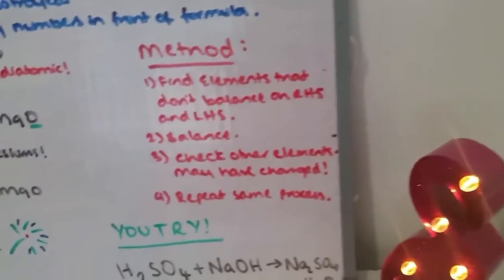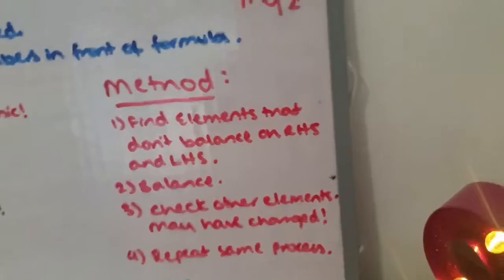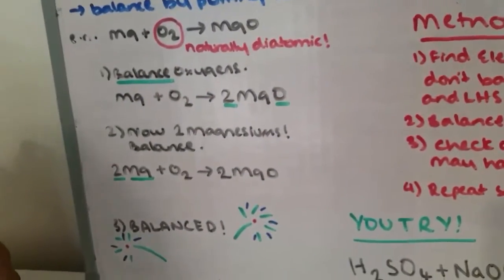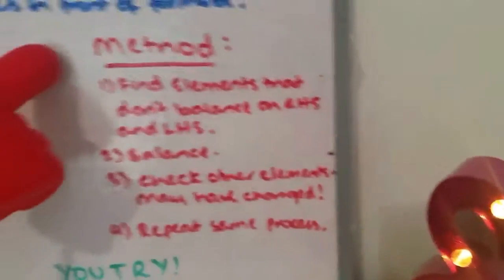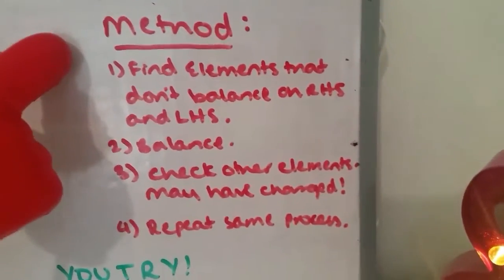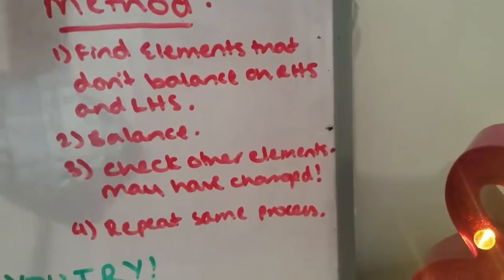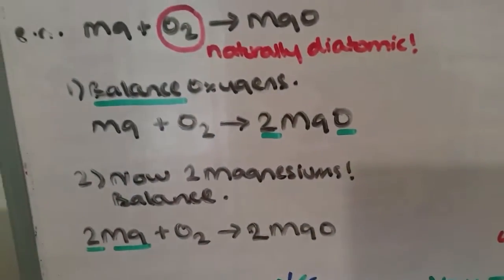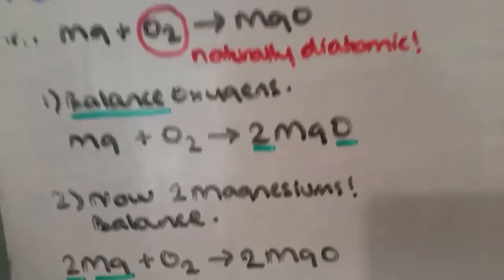Right, so here is the method I've written to explain what I've just done, if it was hard to understand. So, method. First of all, you need to find the elements that don't balance on the right-hand side and left-hand side. In my example, this was step number 1. I identified that the oxygen wasn't balanced, so I decided to start balancing them. Step 2, balance. So I balanced the oxygens, and that's what I got.